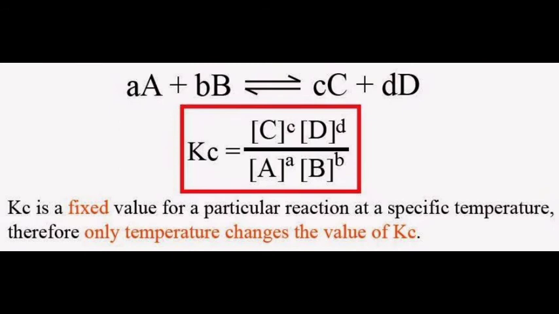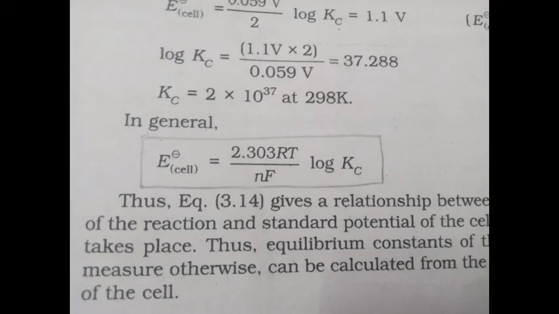If you are able to recall from the equilibrium chapter, the value of Kc equals product of concentration of product by product of concentration of reactant, raised to the power of stoichiometric coefficient. Now we got the value of Kc from the Nernst equation by just modifying few things. That is, we put E cell equals 0 as we are in equilibrium state, and inside the log we replaced the concentration of product by concentration of reactant by Kc, as we saw the definition for Kc just in the previous slide.